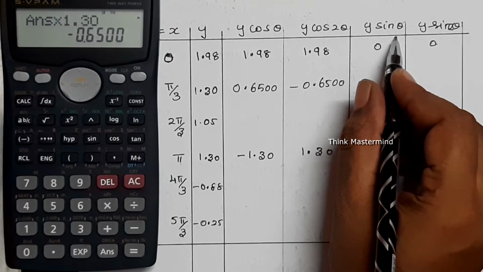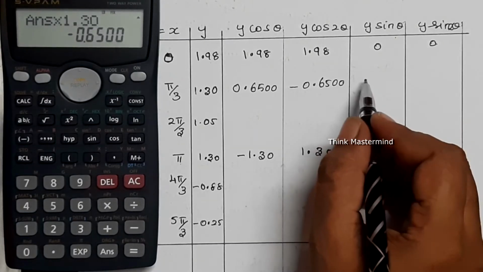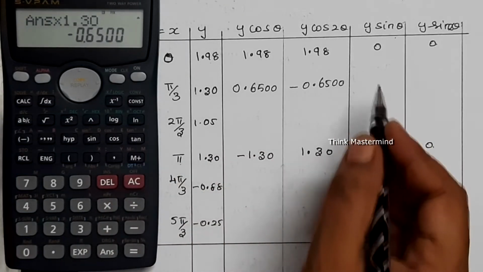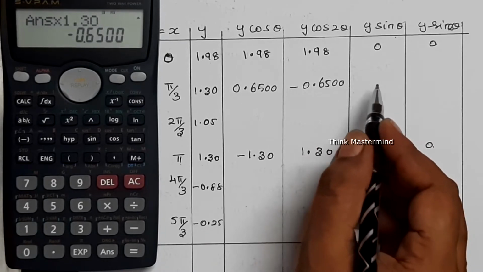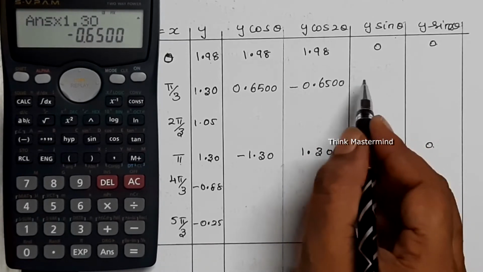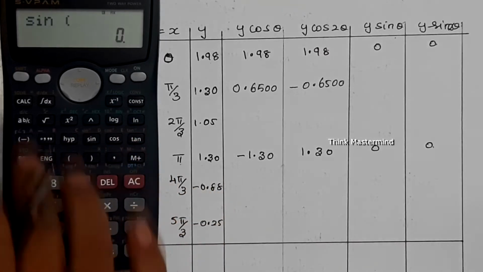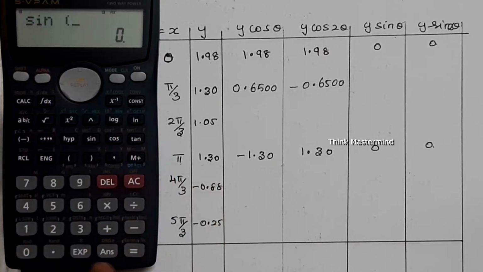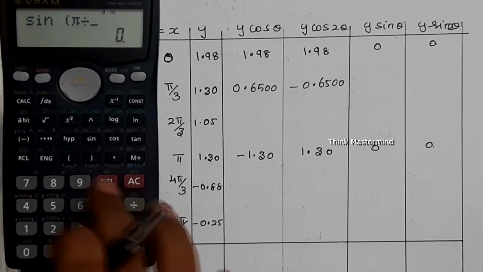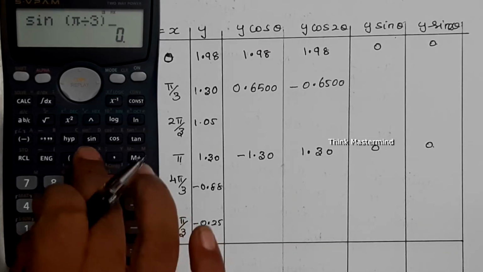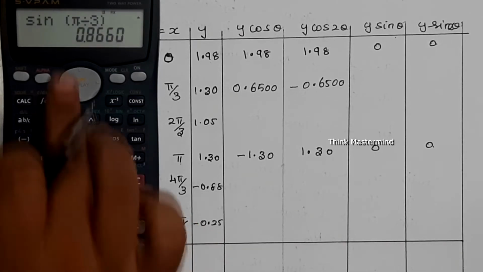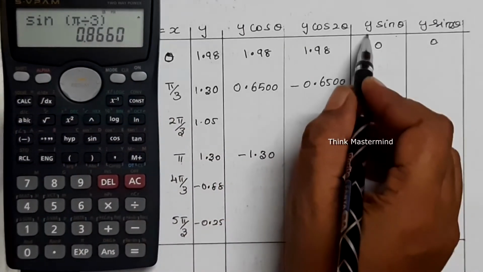Now I am going to find sin theta. Theta value is 60. Again it is 0.5. So once you know the value, directly use the calculator, directly you can write, otherwise use the calculator. Again, sin of shift pi divided by 3, close the bracket, equal to, that is 0.866 into y.